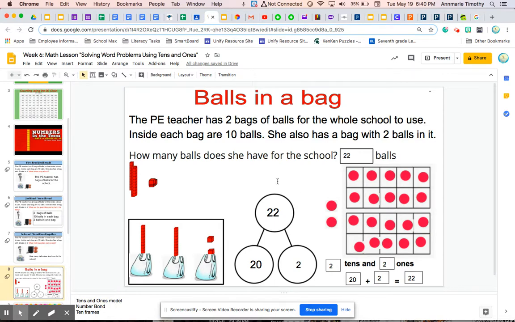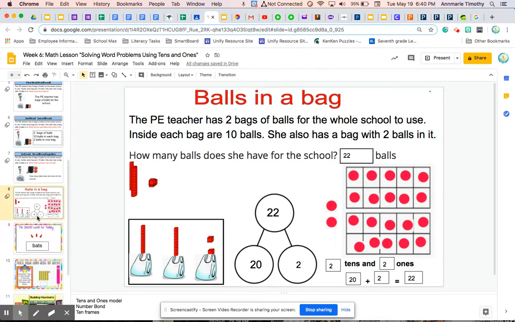So she has 22 balls for the school to use. So we used our tens and ones, we used our number bonds, and we used our 10 frame to solve our problem.